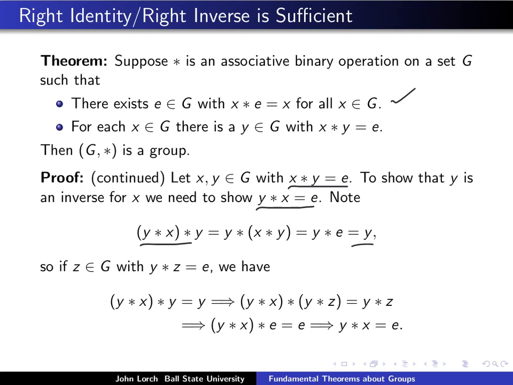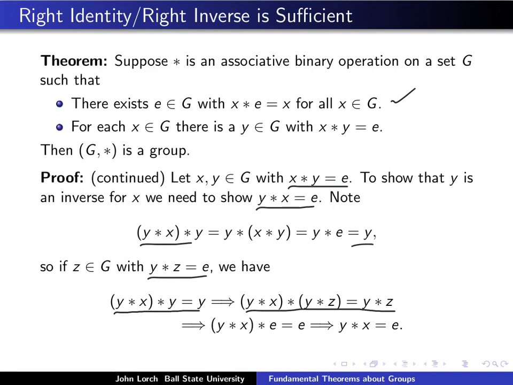So we know that y times z is equal to e. So in the previous step, we showed that (y times x) times y was equal to y. If we now take that equation and we multiply both sides by z, we wind up with this new equation where we have applied the associative property to group the y and the z together on the left side, but y times z is equal to e.